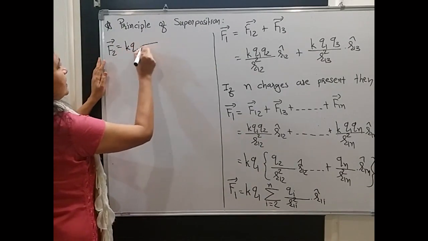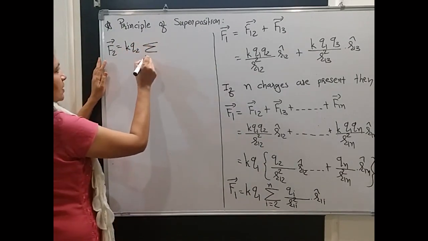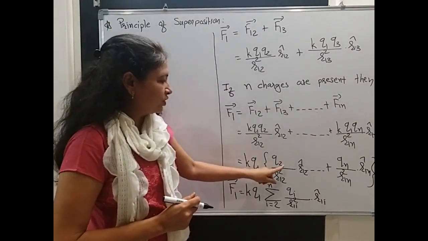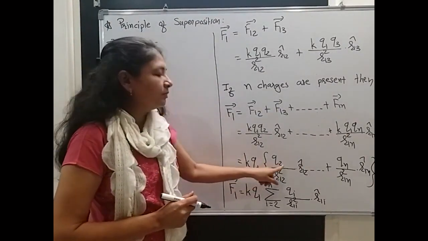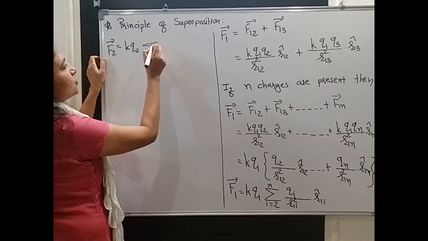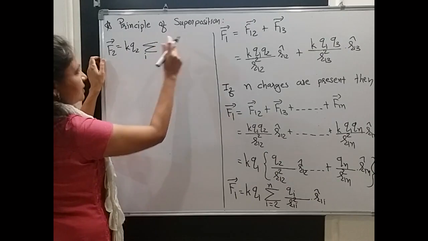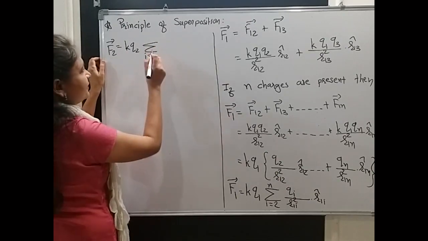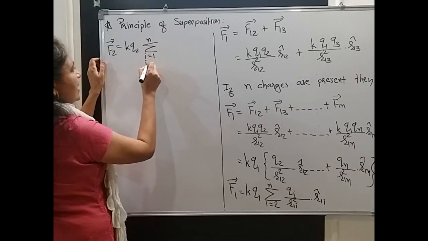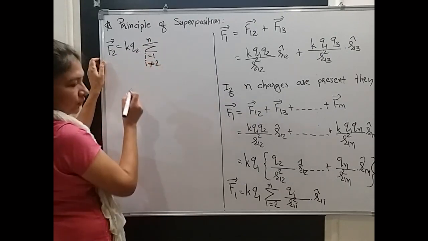Then summation i equal to, what will be changed? See Q2, Q3, the number that is here does not come here. So Q2 is here, so Q2 should not be here. So i equal to 1 to n, and i should not be equal to 2.